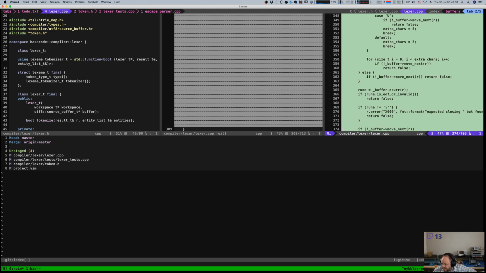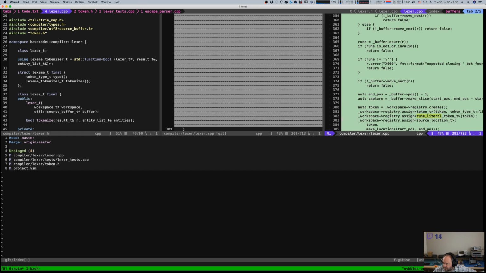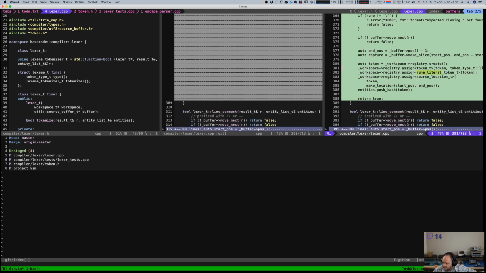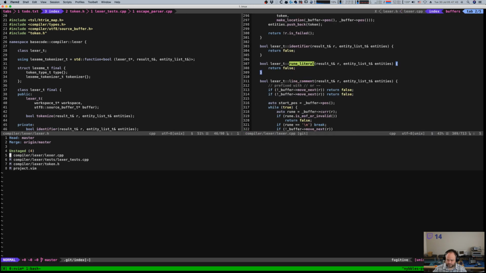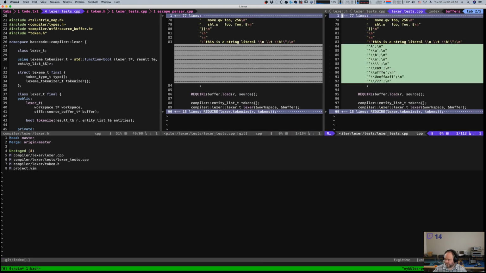Then we're expecting a closing quote. We move past the closing quote, and we create our token. And then in our tests, we just added more cases, right? So single character, escaped characters, escaped Unicode, and all that. That looks good.